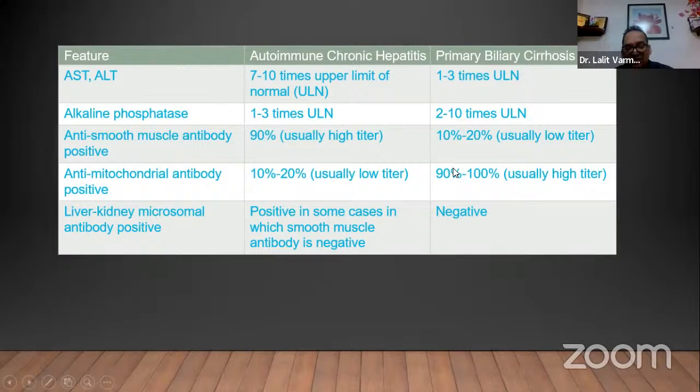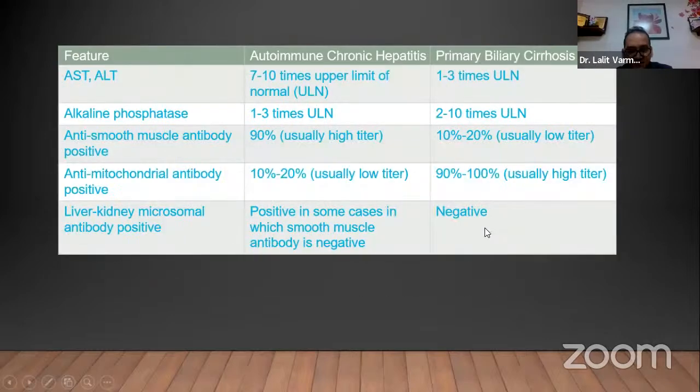In the pediatric population, the LKM, liver kidney microsomal antibody, is positive. Mostly all the kids have this positive, in some cases in which smooth muscle antibody is negative. But when this comes positive, it's mostly a pediatric population, and it's negative in PBC.